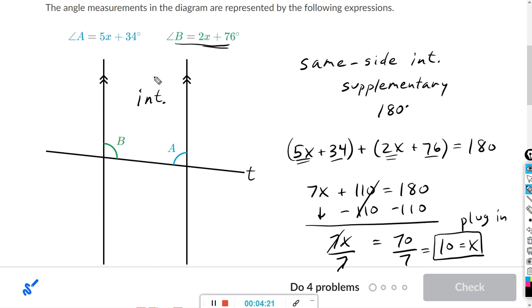So it's going to be 5 times 10 plus 34. 5 times 10 is 50, plus 34. That's going to equal 84. Final answer, just put it in the box.